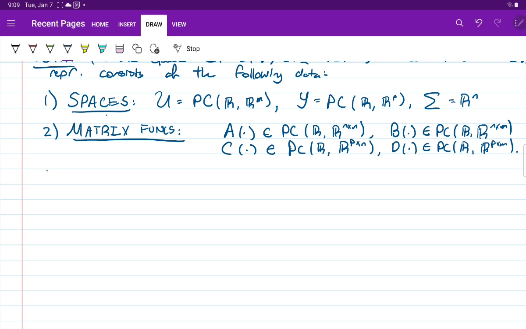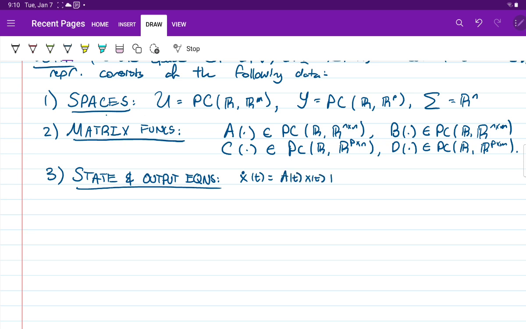All right, now finally, what I'll specify is the state and output equations. Okay, this is going to be a pair of a differential equation and an algebraic equation, all right? So first I'll write out the differential equation: x dot of t equals A of t x of t plus B of t u of t.